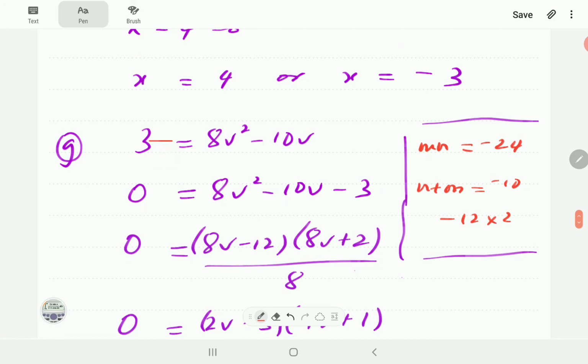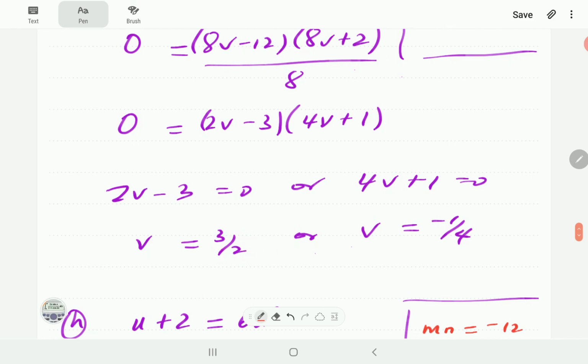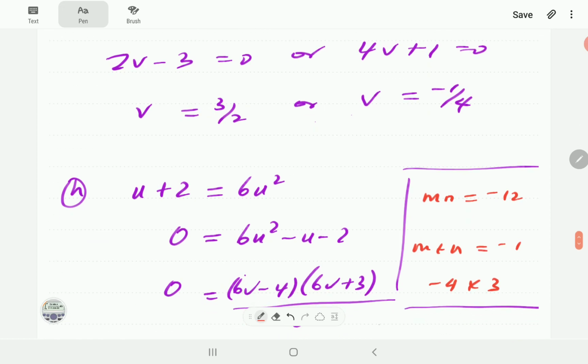Here, if we bring the 3 to the right hand side, then we're looking for two numbers that multiply to negative 24 and add up to negative 10. It's minus 12 and 2. So we plug these here and factorize, and so the solution becomes 3/2 and negative 1 over 4.